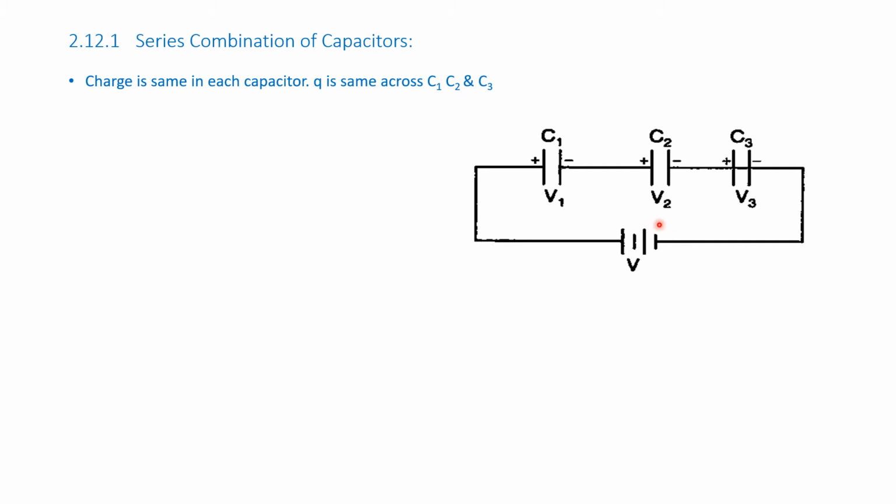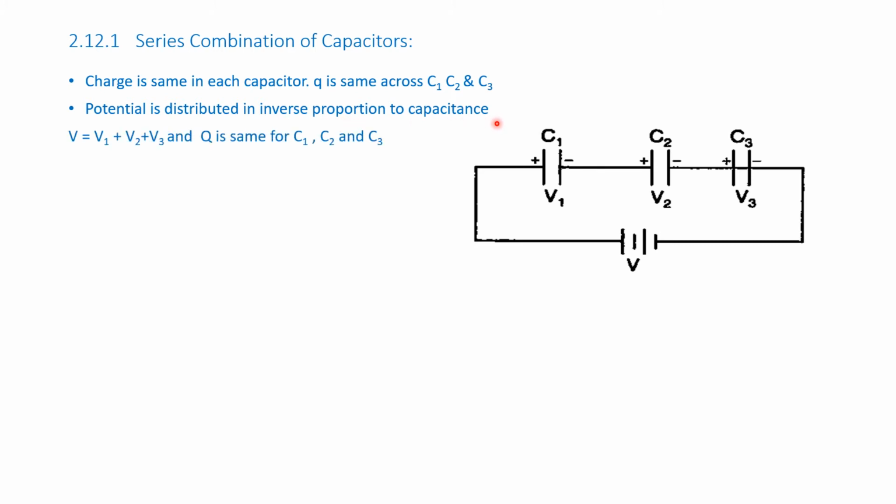So here charge is the same in each capacitor. Potential V is distributed in inverse proportion to the capacitance. As we know, C is equal to Q by V, so V is in the denominator, hence potential is distributed in inverse proportion to the capacitance.